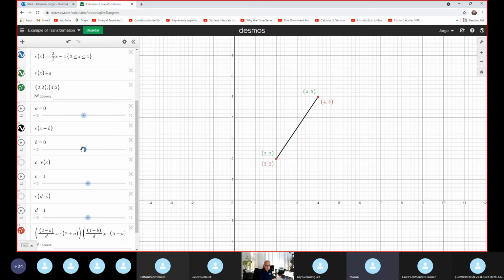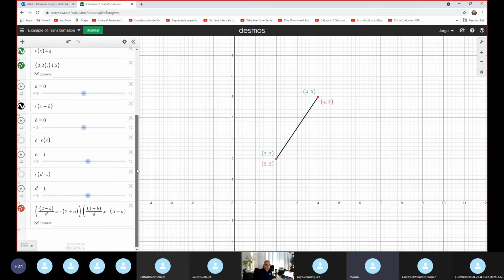Now let me restore. I want to go to stretching, compressing, reflection. It's when you multiply, not add, multiply the original function by one number. The number I select here.